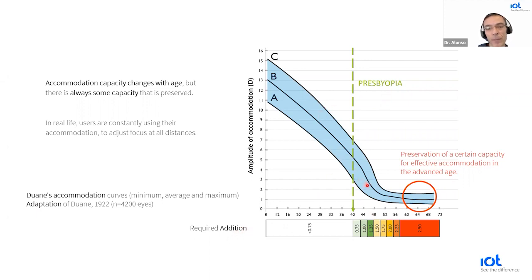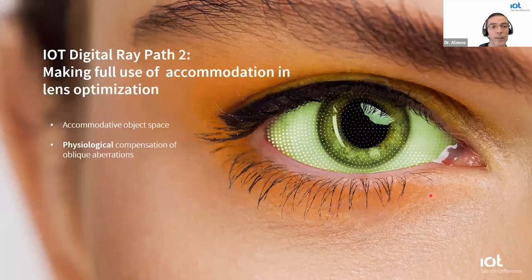Addition, accommodation, amplitude of accommodation approaches zero, but not quite. For the elderly, it stabilizes at some value that we call an effective accommodation, that depends on the optical and physiological properties of the eye, and it's about 0.75 diopters. And this is the value that we will harness to improve and further reduce the oblique aberrations of the lenses.